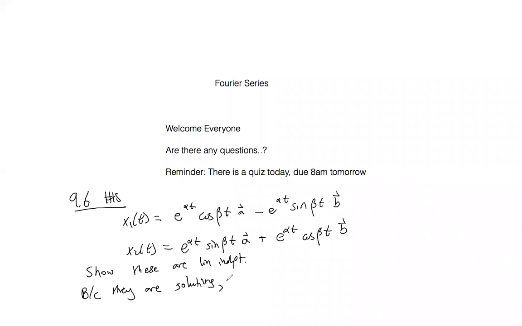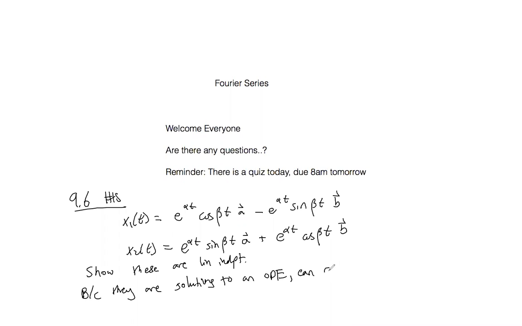Okay, so we're just going over 9.6 over 15. We want to show these two vectors are independent, and because they're solutions to an ODE or system of ODEs, I believe we can use the Wronskian lemma.